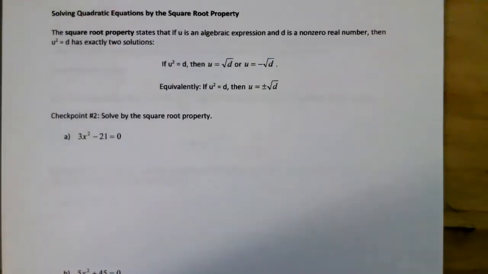All right, let's look at the second method, and that's solving by using the square root property. The square root property states that if U is an algebraic expression and D is a non-zero real number, then U squared equals D has exactly two solutions.